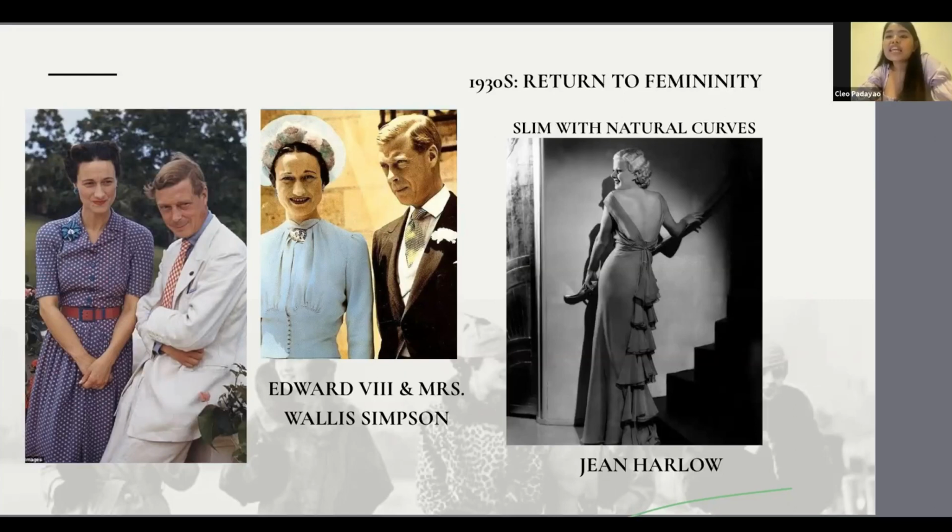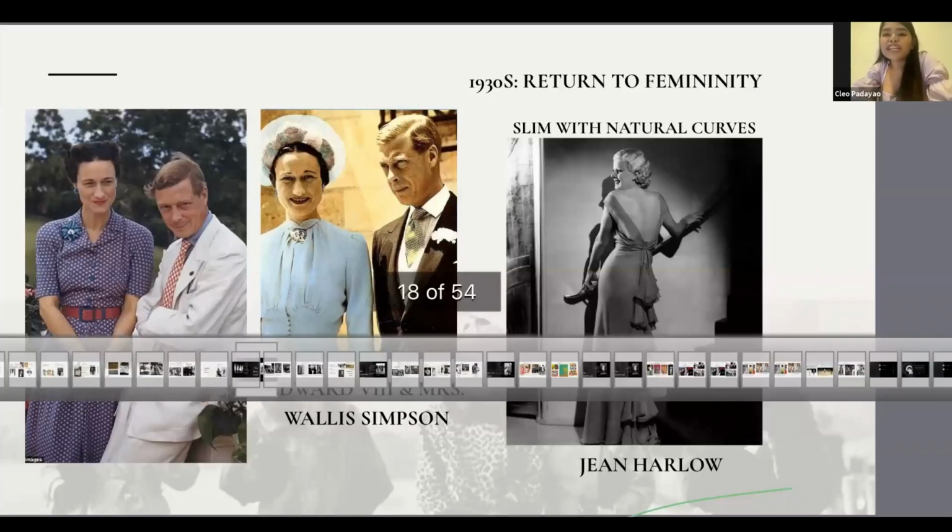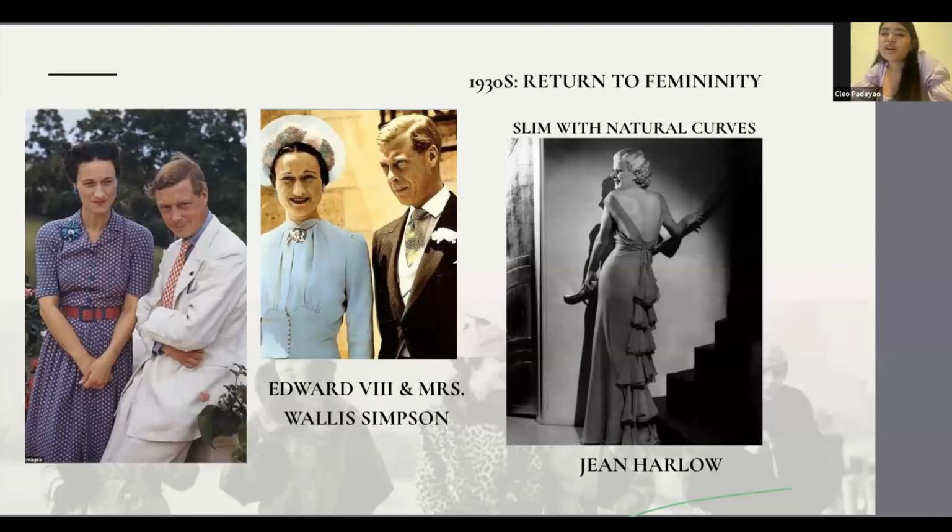And then on the left side, the couple right here, maybe some of you watch The Crown or are British monarch enthusiasts. Do you know who they are?